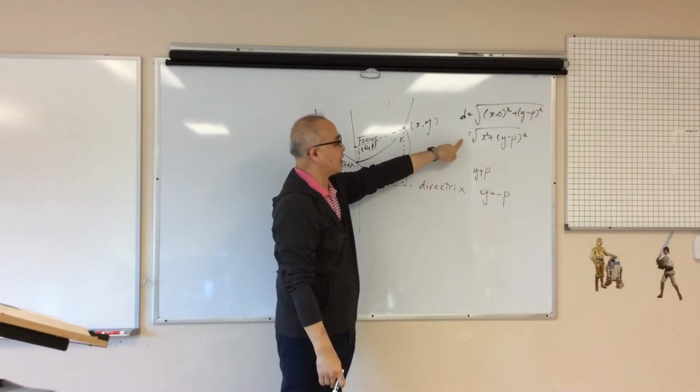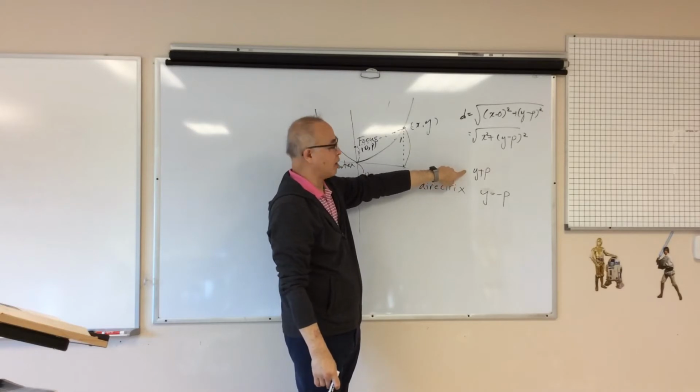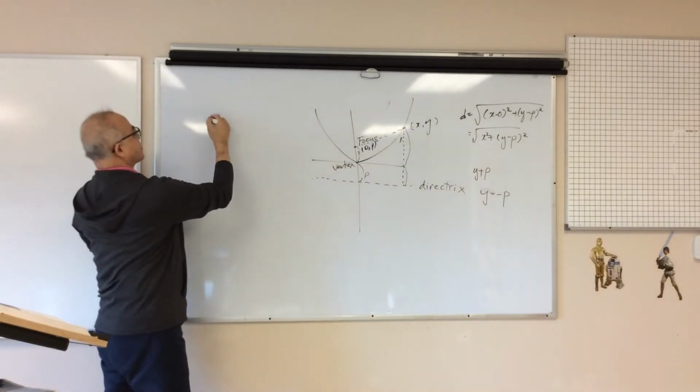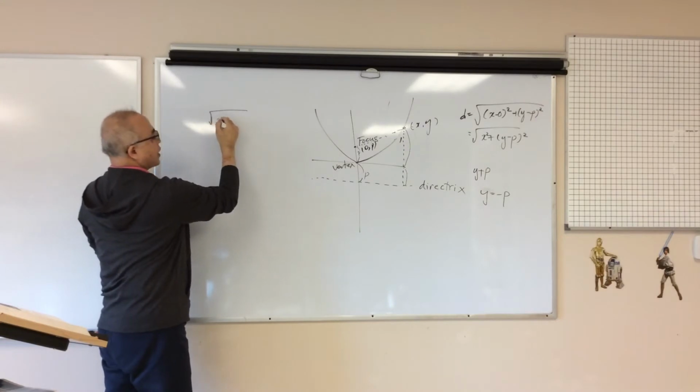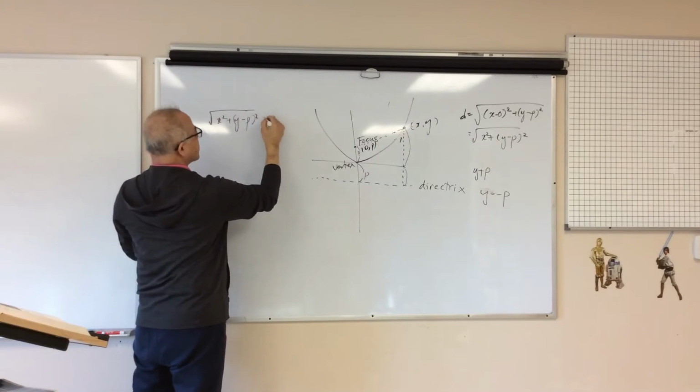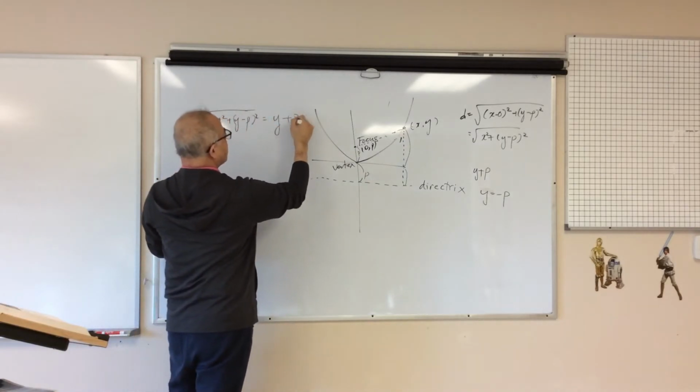So this guy here and this guy here have to be the same. If we look at that, we get the square root of x squared plus (y minus p) squared is equal to y plus p.